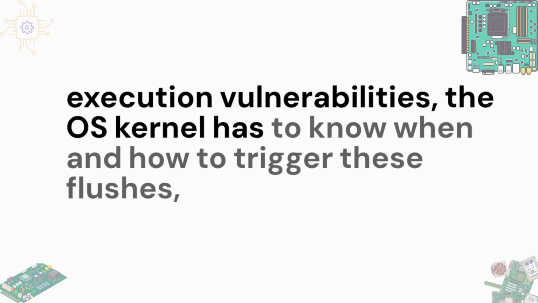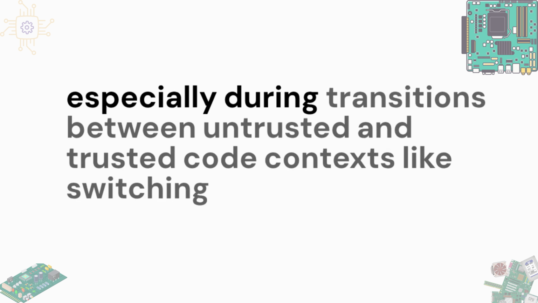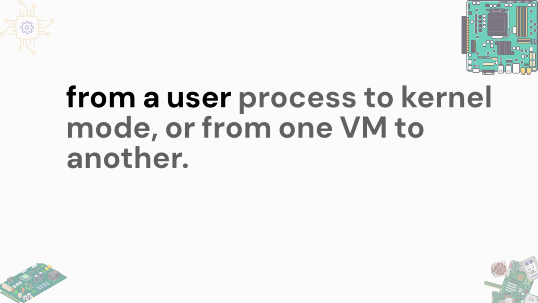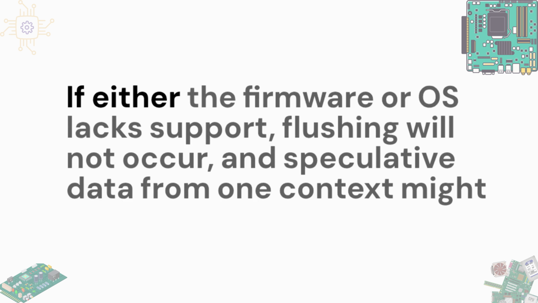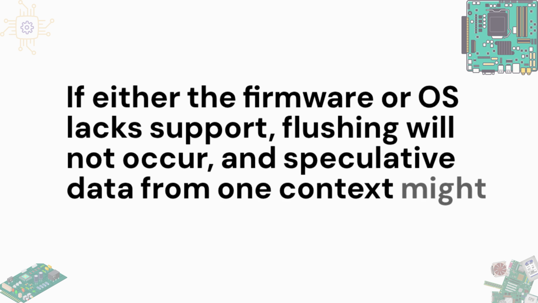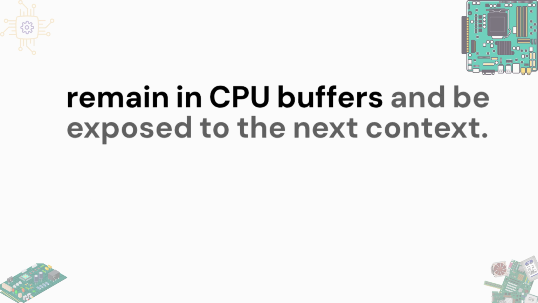The OS kernel has to know when and how to trigger these flushes, especially during transitions between untrusted and trusted code contexts, like switching from a user process to kernel mode, or from one VM to another. If either the firmware or OS lacks support, flushing will not occur, and speculative data from one context might remain in CPU buffers and be exposed to the next context.